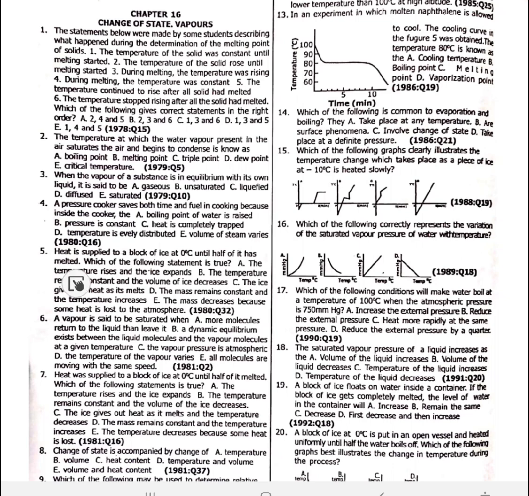Number five, heat is supplied to a block of ice at 0 degrees Celsius until half of it has melted. Which of the following statements is true? This number five would be similar. Heat is supplied to a block of ice at 0 degrees Celsius until half of it had melted.